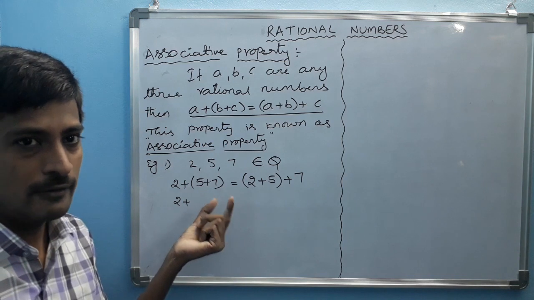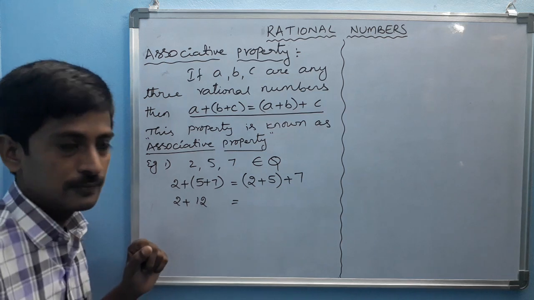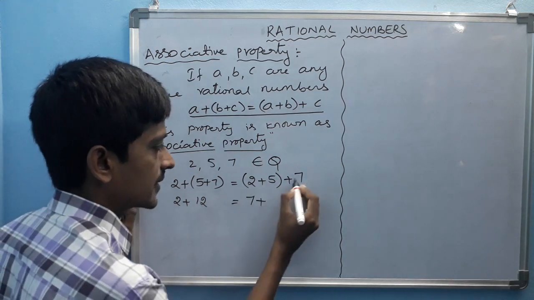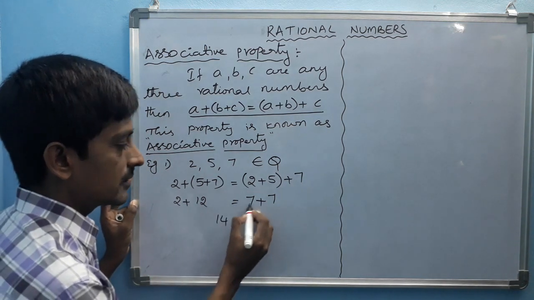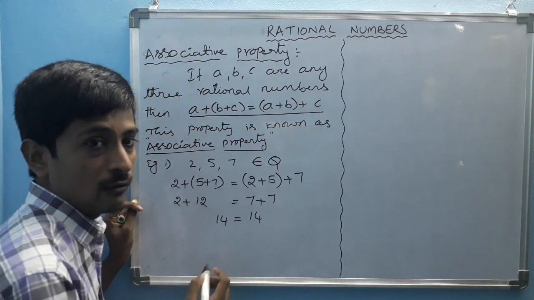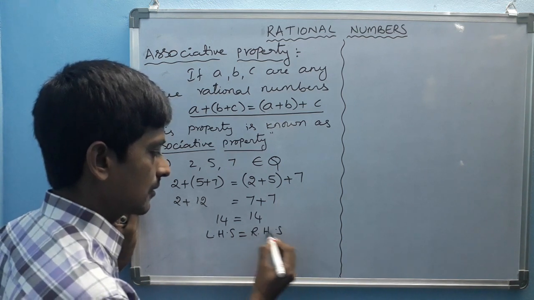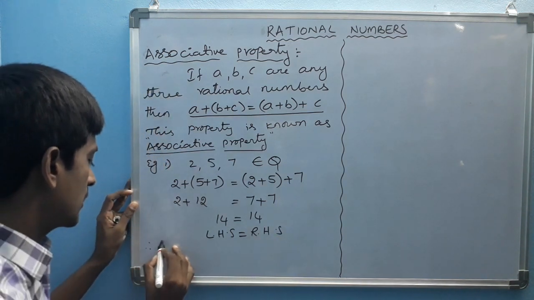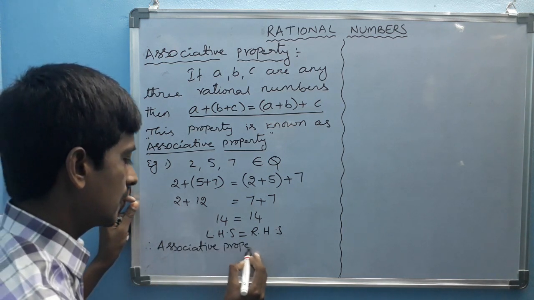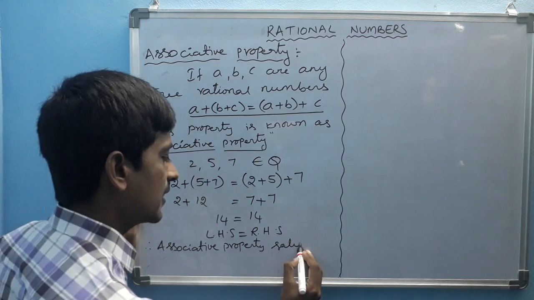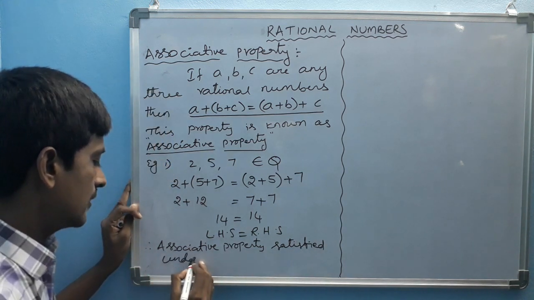According to BODMAS rule, first you simplify the bracket. 5 + 7 is 12, so 2 + 12 is 14. On the left, 7 + 7 is 14. So 14 equals 14, LHS equals RHS. Therefore, associative property is satisfied under addition.